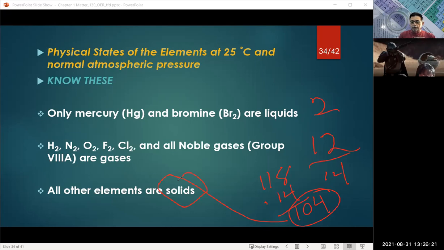And so once you know where the gases are at, and if you are given an element, any element, and just told, is this guy a solid, liquid, or gas? Okay. You should be able to determine its physical property at 25 degrees.